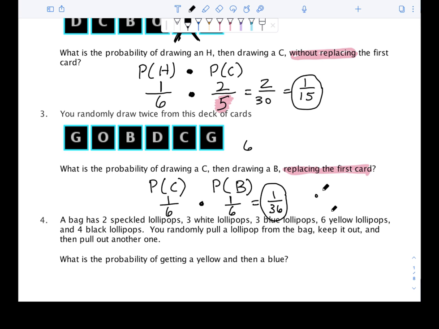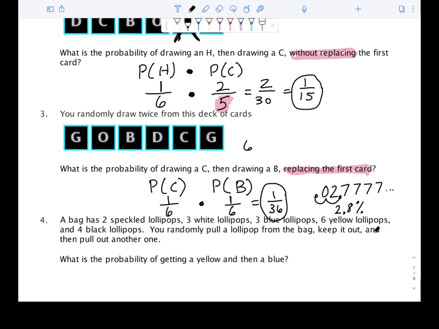This is not part of what you need to put in and get more math, but just to get an idea: if I move the decimal 2 places, it's basically 2.8%. So that's about 3 times out of 100 that would happen. So just so you get an idea of what that actually means, it's about 3%. So it's very unlikely. I mean, you could do it, but it's very unlikely.